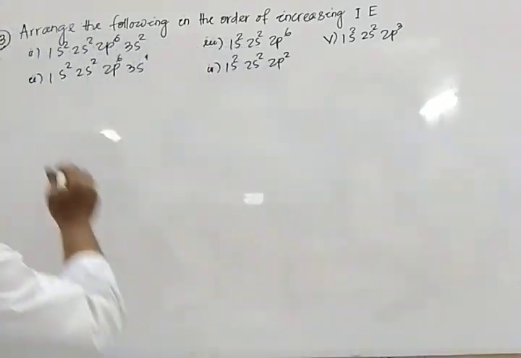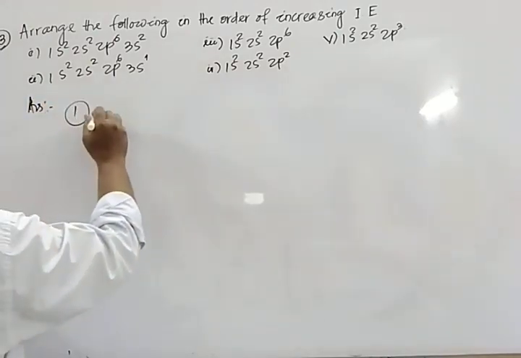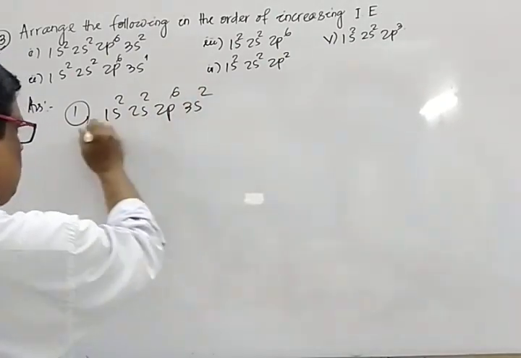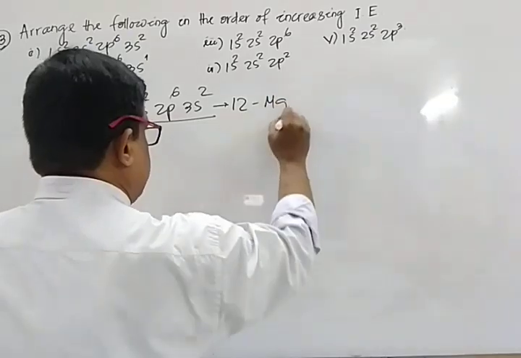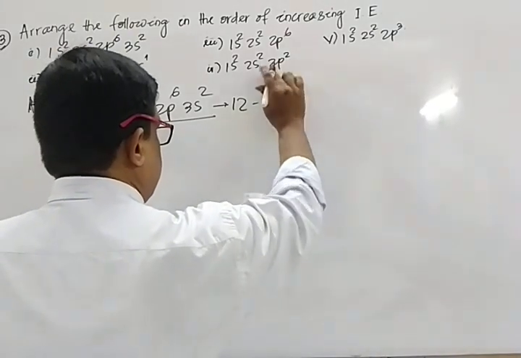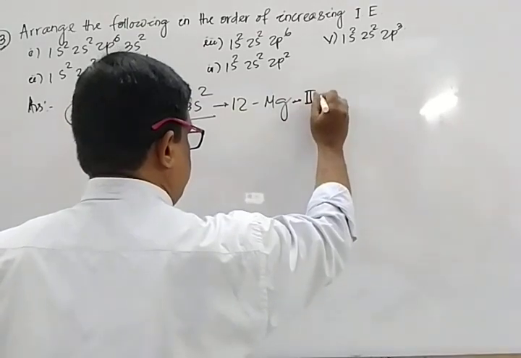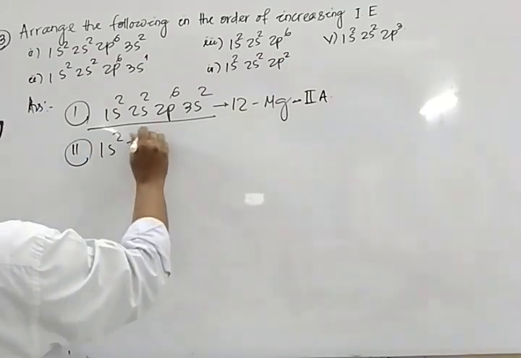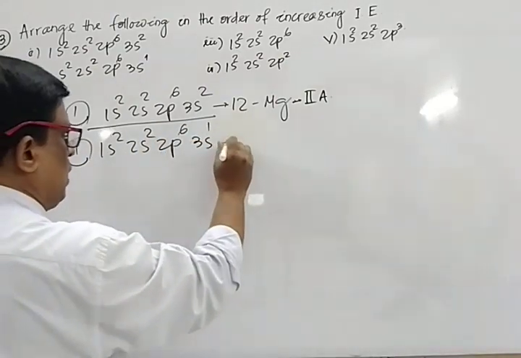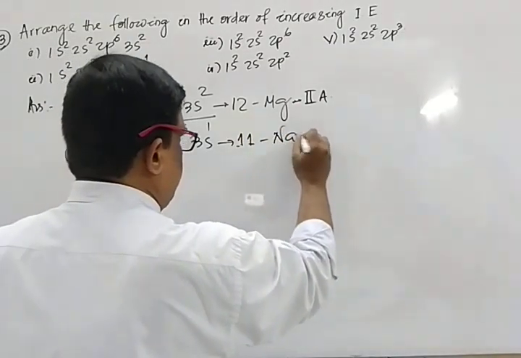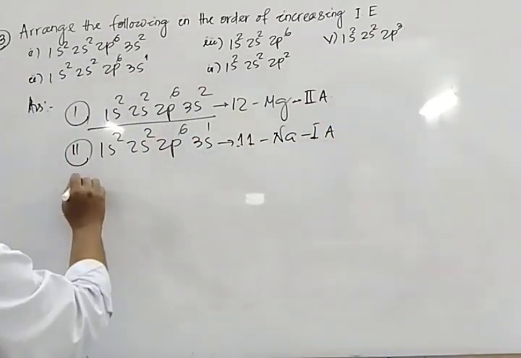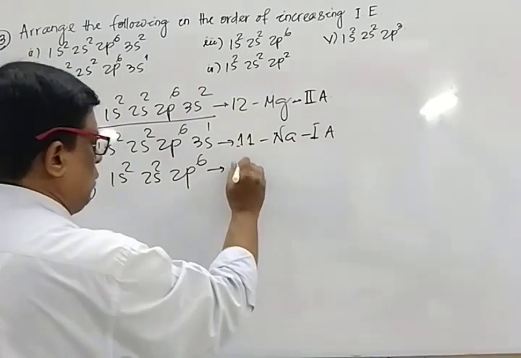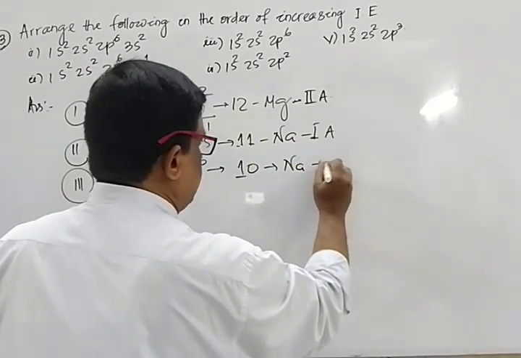Mark that one. First one: 1s2, 2s2, 2p6, 3s2. That means atomic number 12, that is magnesium, placed in group 2A. Second one: 1s2, 2s2, 2p6, 3s1, atomic number 11, that is sodium, placed in 1A. Third one: 1s2, 2s2, 2p6, atomic number 10, that is neon, present in group 18.